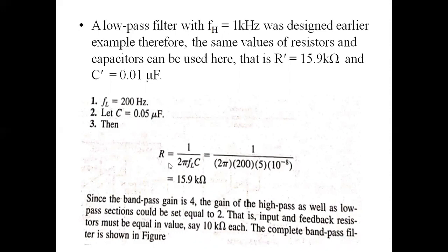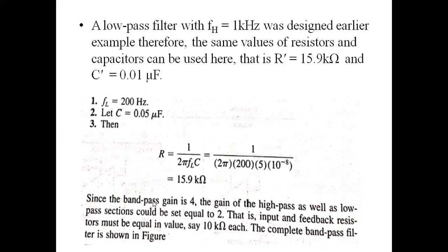Then the equation for this filter becomes R equals 1 over 2 pi FL into C. Substitute the value of FL as 200 and the capacitor as 0.05 microfarad, which can be written as 5 into 10 to the power minus 8. So the value of R will become 15.9 kilo ohm.